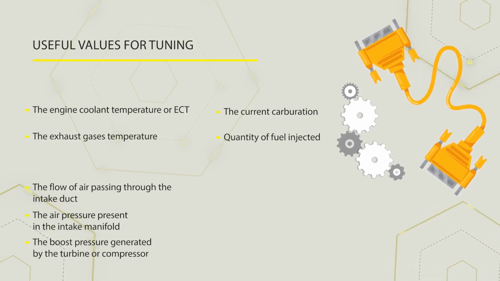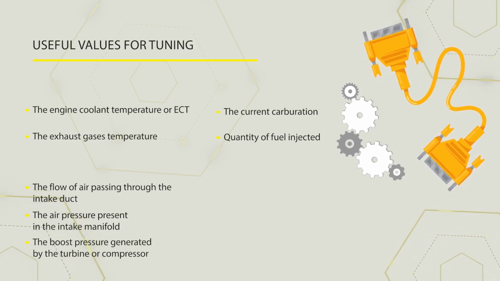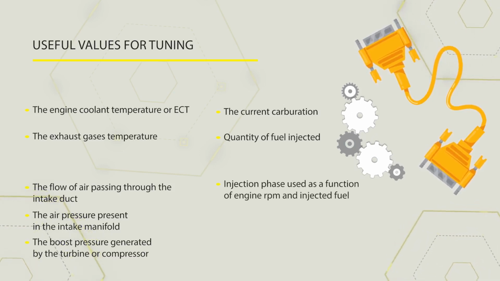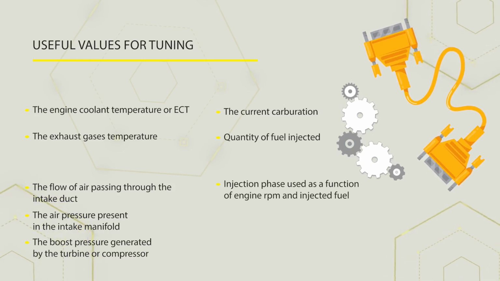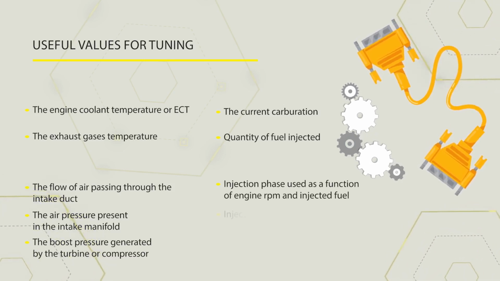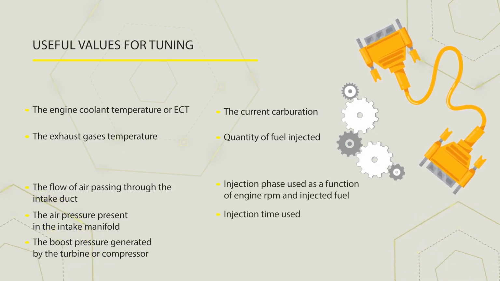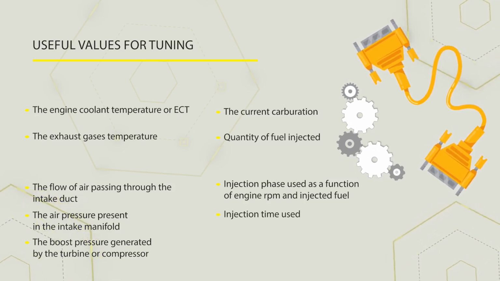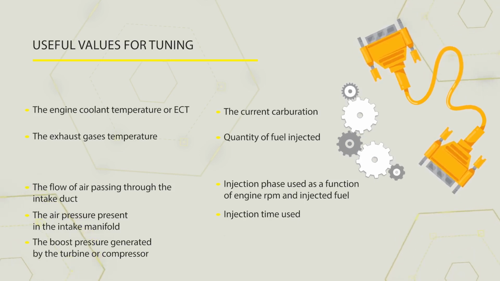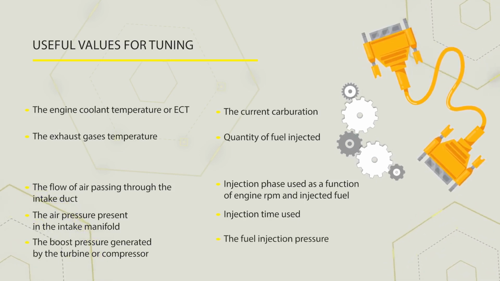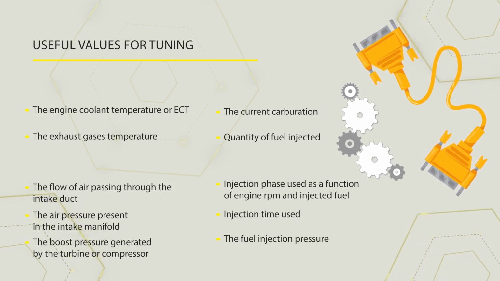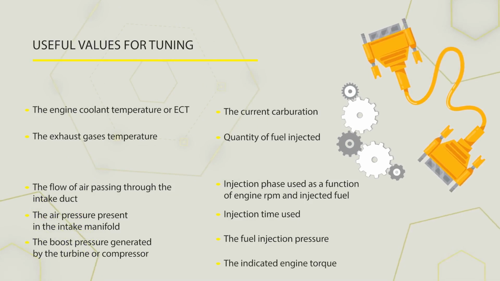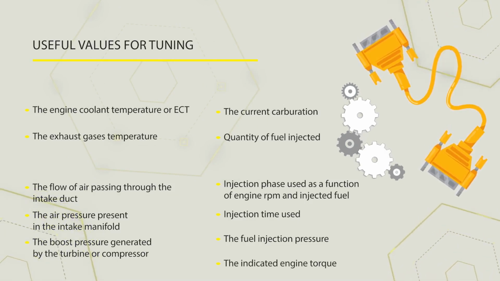Injection time used as a function of engine RPMs and injected fuel, expressed in degrees before the piston reaches top dead center. Injection time used according to the injection pressure and the fuel injected, expressed in milliseconds or microseconds. The fuel injection pressure, expressed in kilopascals. Rail pressure or pounds per square inch. The indicated engine torque, expressed in Newton meters or pounds per foot.